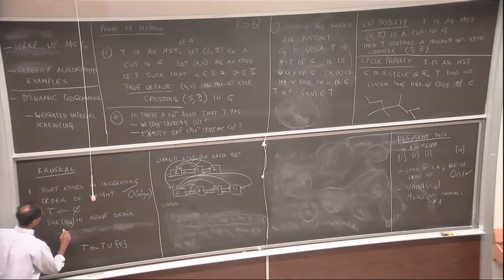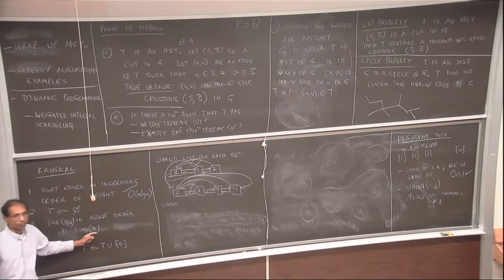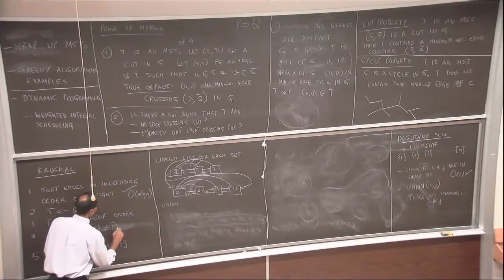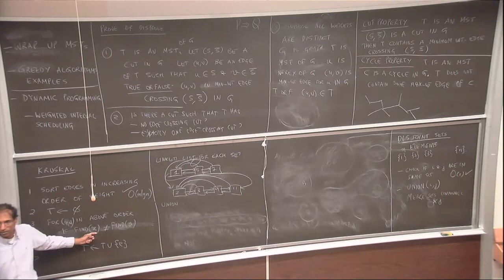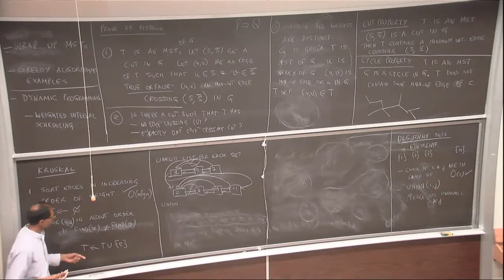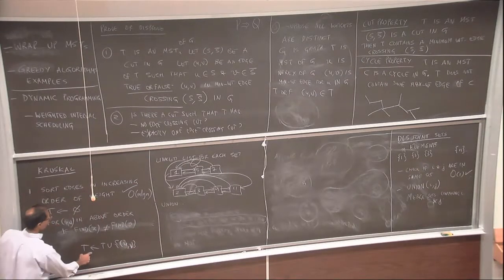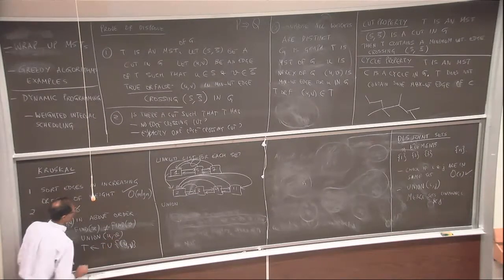What I check is: find the head for U. If it's not the same as the head for V, that means they are in two different sets, so you can go ahead and merge them. Then you add this edge to your tree, and you do a union of U and V.